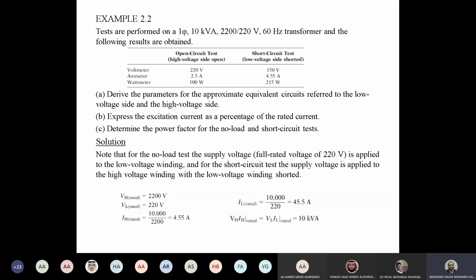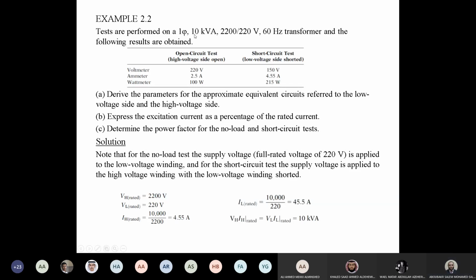Is it any value that can be loaded for the transformer, or the rated value, or what? Rated value, Doctor. Rated. All the time, guys, the data given at the head of the problem is the nameplate data.